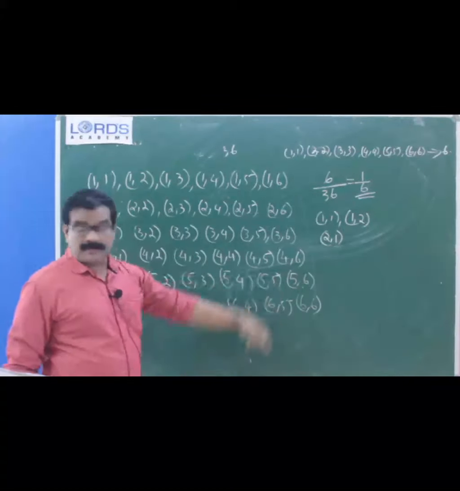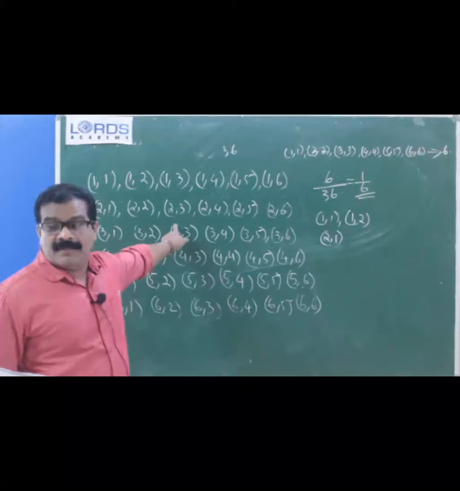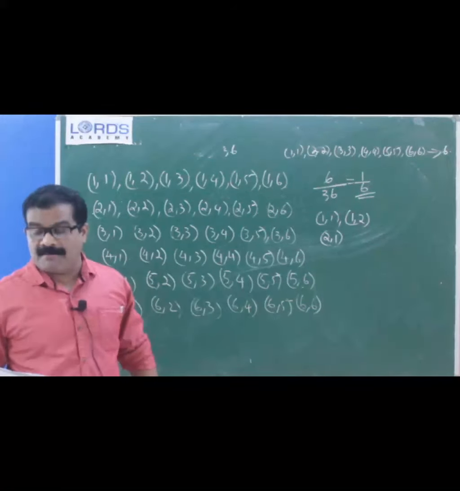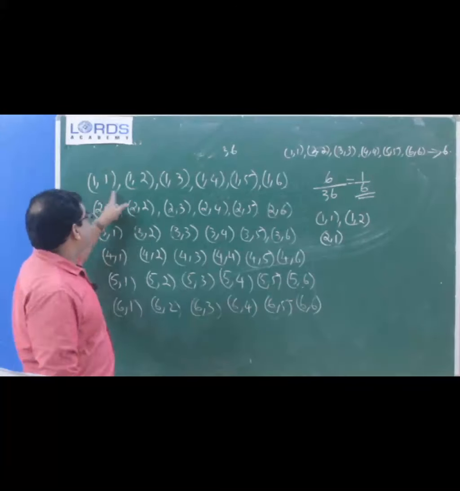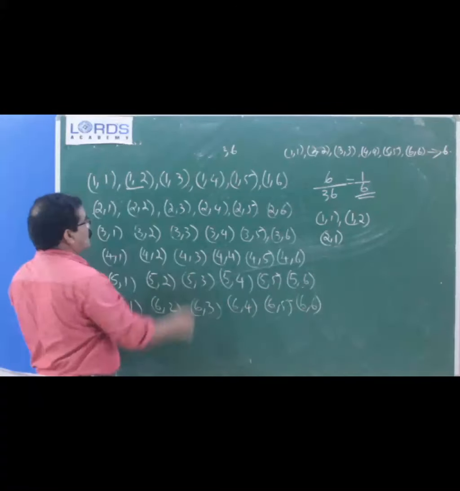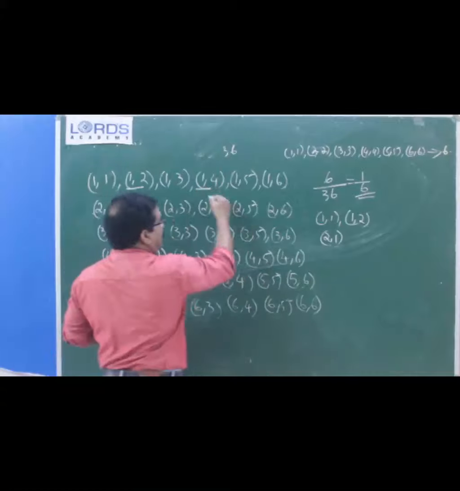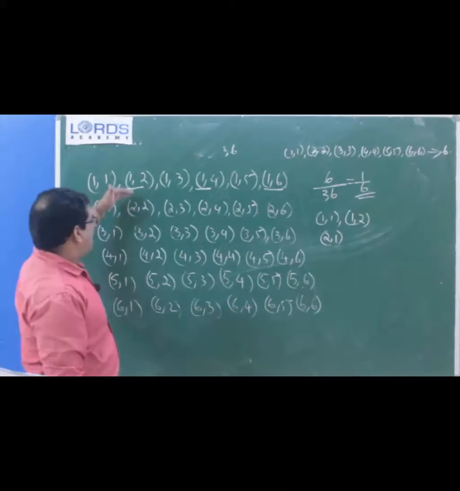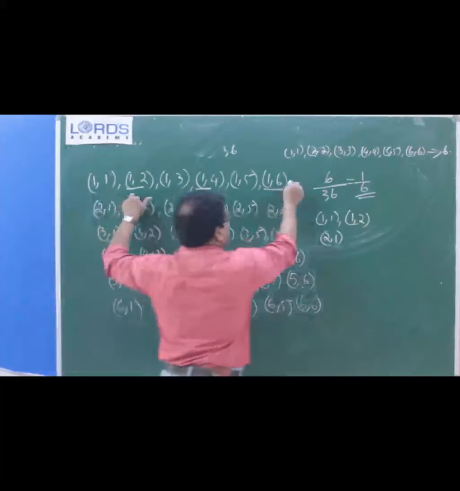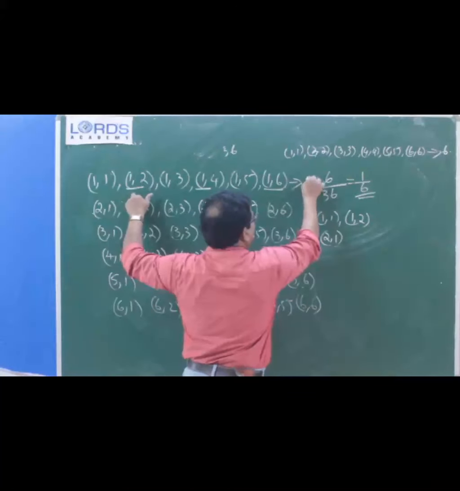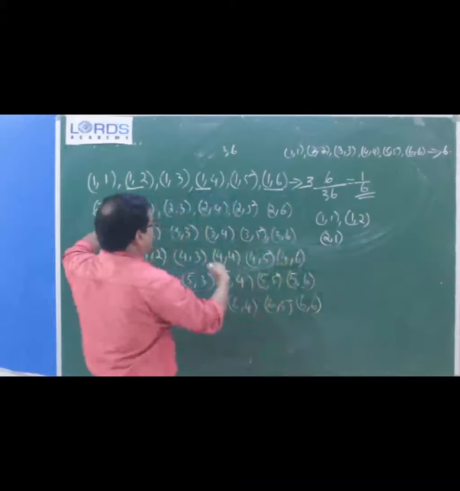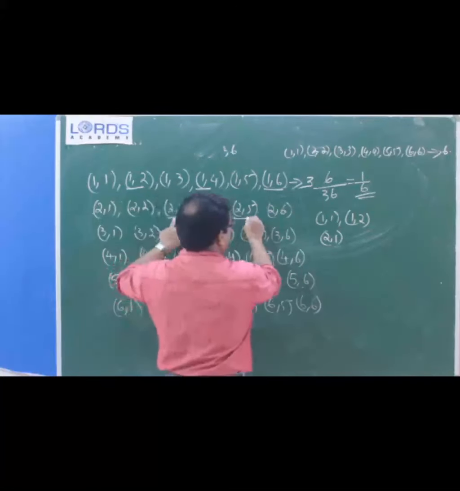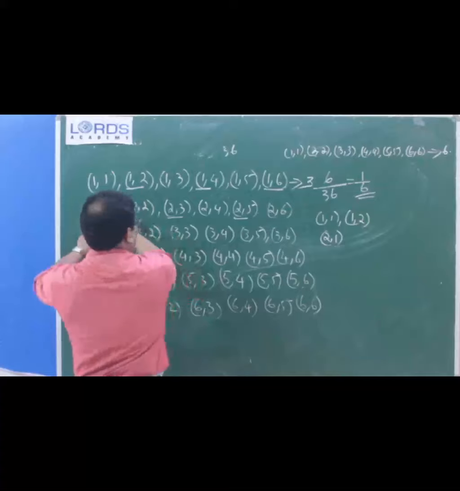An odd number. From this data, you have to find out the odd number also. An odd number as a sum. When you add this, 1 plus 2, 1 plus 5, 1 plus 6, 7. Similarly, from this you will get 3. Here also you will get 2 plus 3, 2 plus 5. Then 2 plus 1, 3.